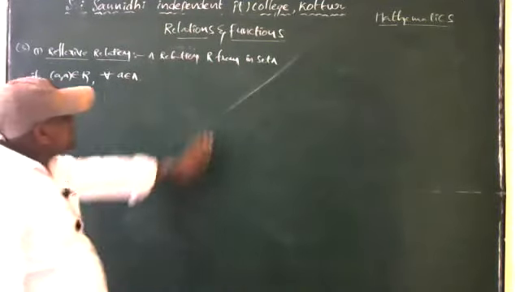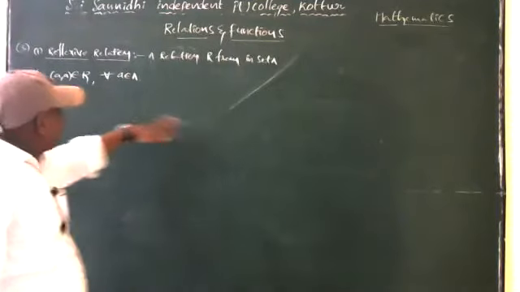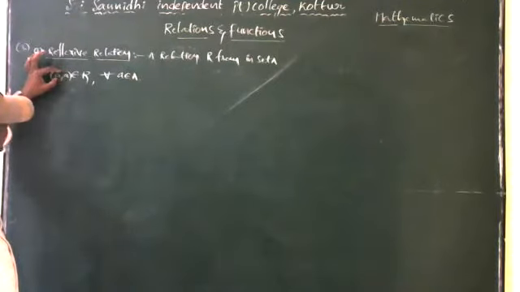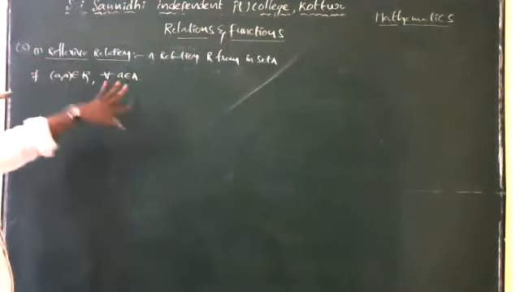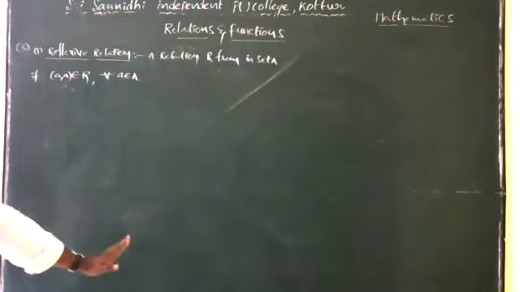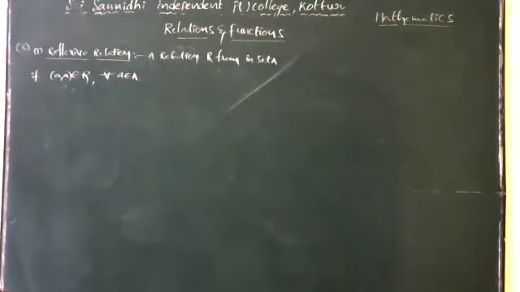A reflexive relation means a relation in set A where (a, a) belongs to capital R. That means taking two elements, they must satisfy the relation. The same element must be in the relation; that is called a reflexive relation.